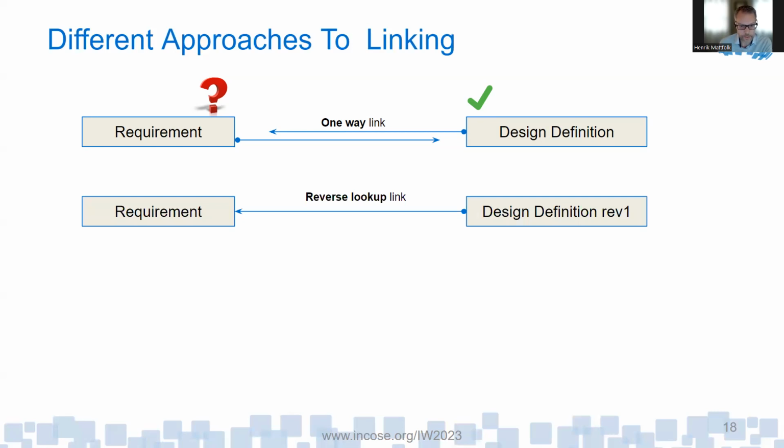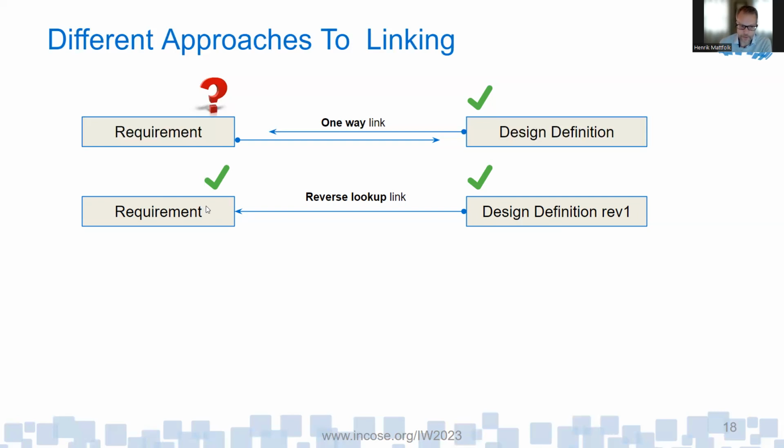The other one is called a reverse lookup, and that is also what is used in OSSC. So kind of the same thing. It's one link stored on the one side of the relationship, in this case on the design definition, usually the downstream artifact. And when you look at this from the requirement side, you still see that link.